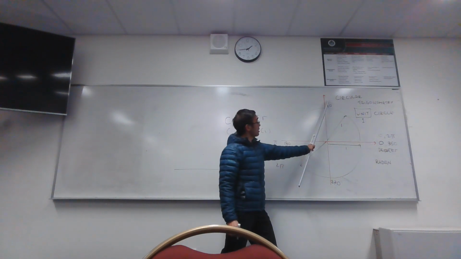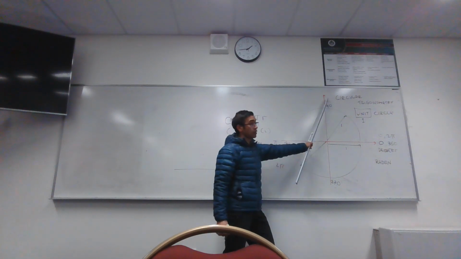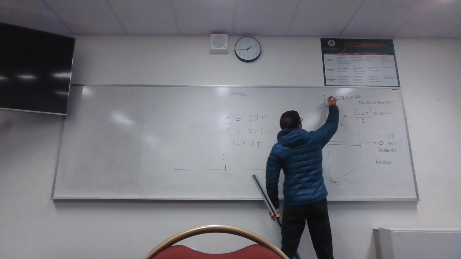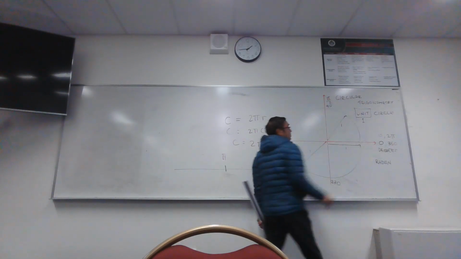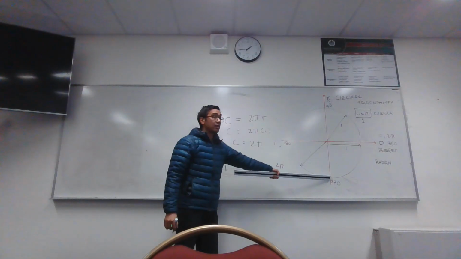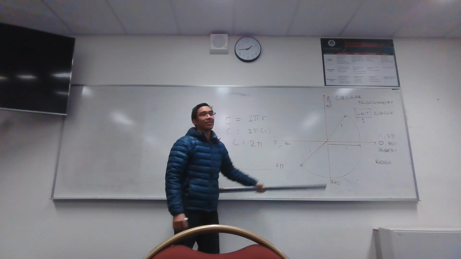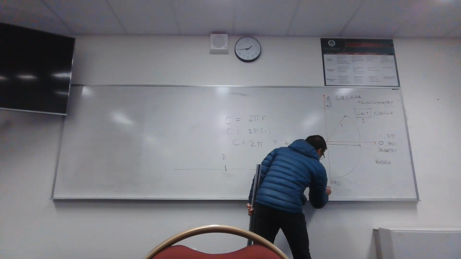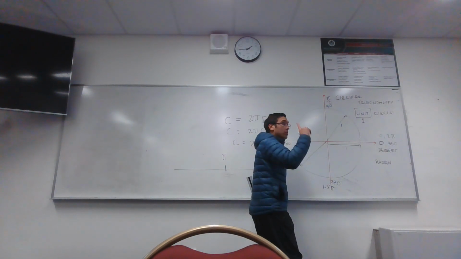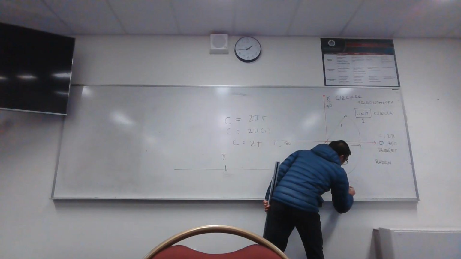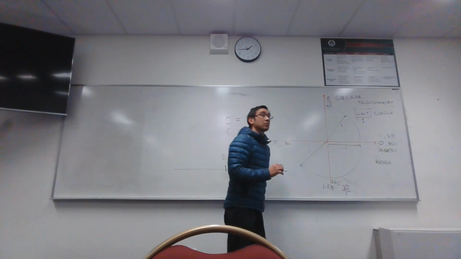0 something pi. What's up here? Pi on 2. Excellent. Down here? 1.5 pi. 1.5 pi is correct. Or 3 pi on 2.